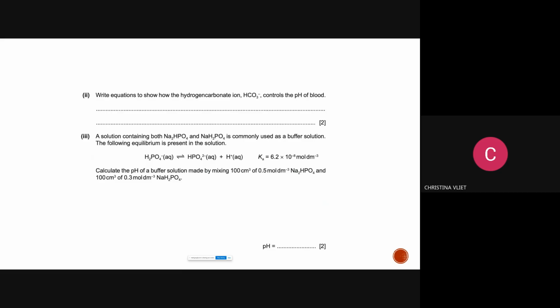When you get a question like this, it says to show how this specifically controls the pH of the blood. Meaning, how does this act as an acid and how does this act as a base? Because it actually can do both. It can be an acid and it can be a base. Is there a name for a type of substance like that?